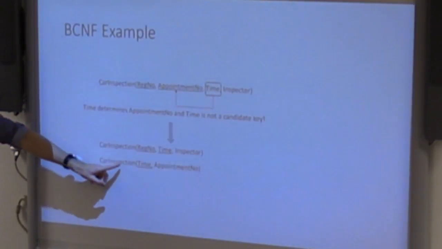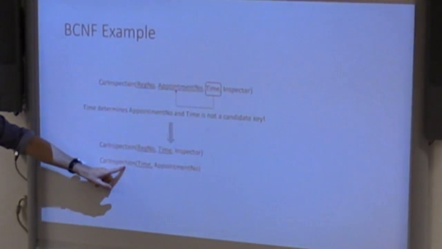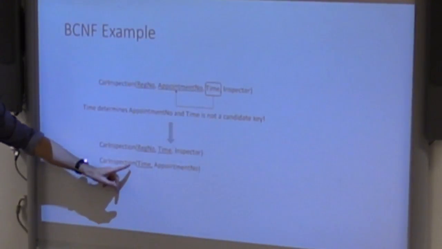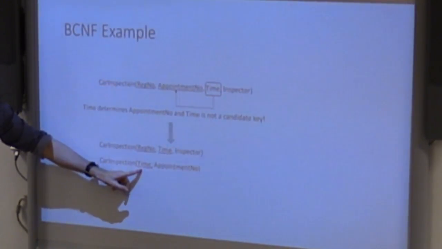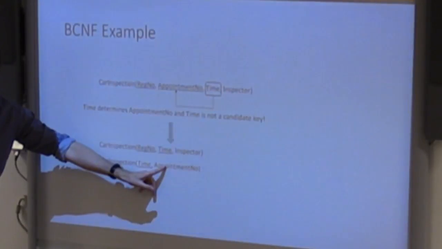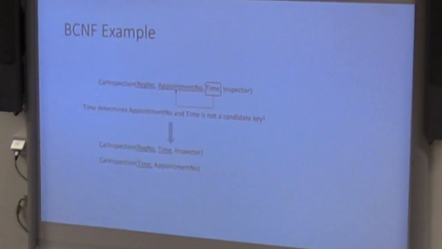Create a new one, which shouldn't be called car inspection. That's a copy-paste mistake from my side. Let's call it appointment time. Setting the time as the key and the appointment number to be determined. And we are not violating the Boyce-Codd normal form.